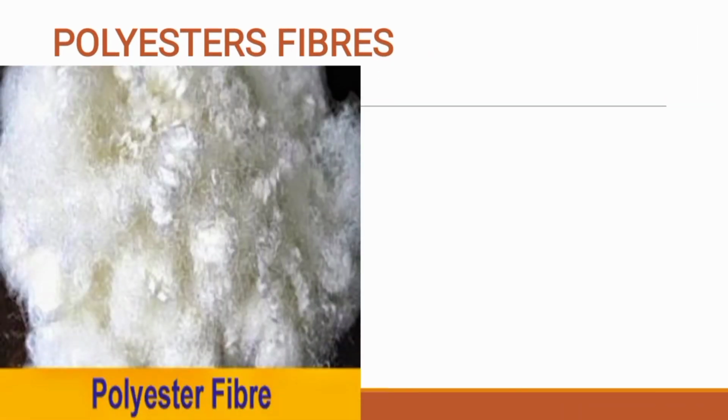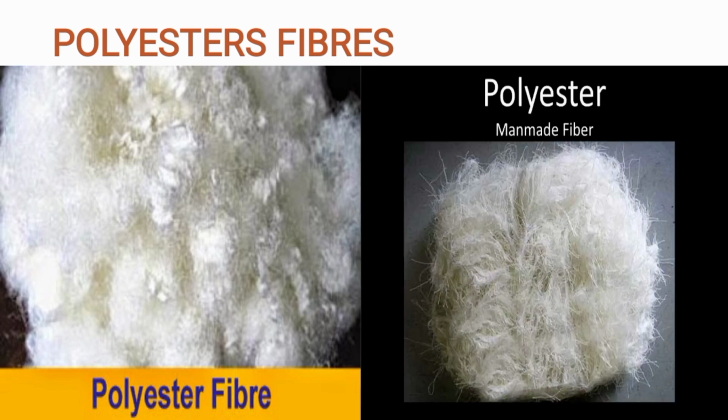The polyesters are also products of a complex series of chemical processes, meaning polyester is produced using petroleum products and other chemicals to get our polyester fibers.